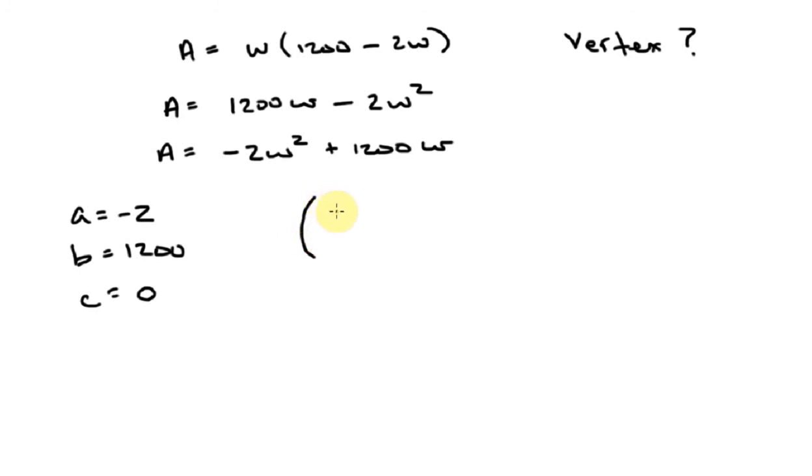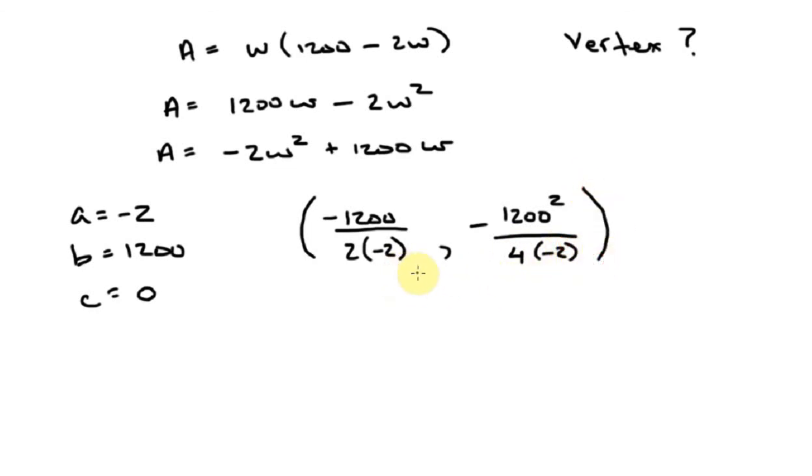In the formula, it's going to be negative B, negative 1200, all over 2 times A. So that's 2 times negative 2. And then I could carry on. C is 0, so I won't even write it. And then I have minus B squared, so a pretty big number, 1200 squared, all over 4 times A, so 4 times negative 2.